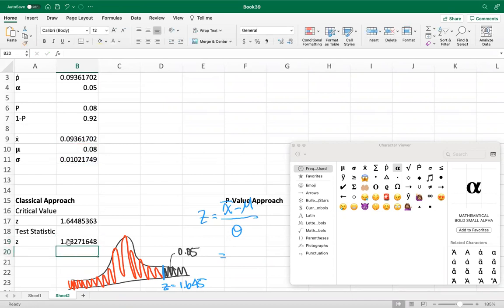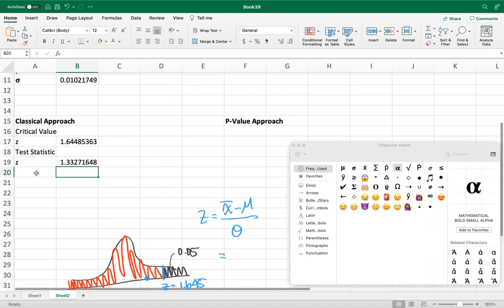And now we have these two values. So looking at these, if this value right here is 0.164, then our test statistic 1.33 is not in the rejection region. So because we're not in the rejection region, we cannot reject the null hypothesis.